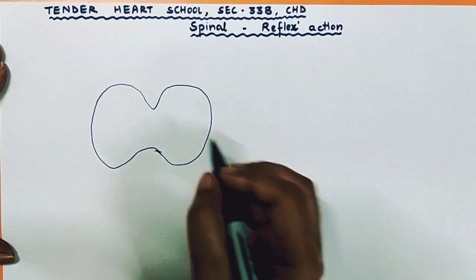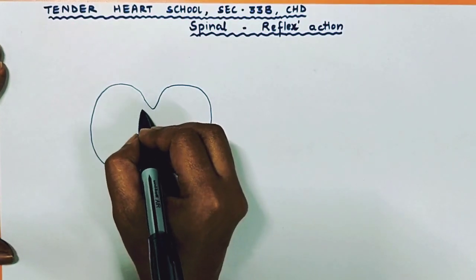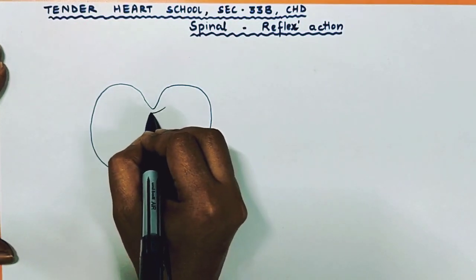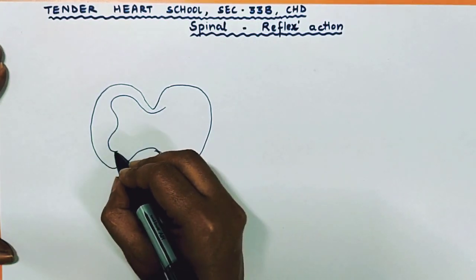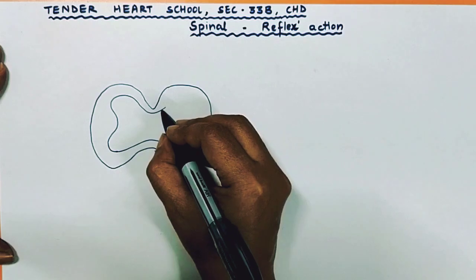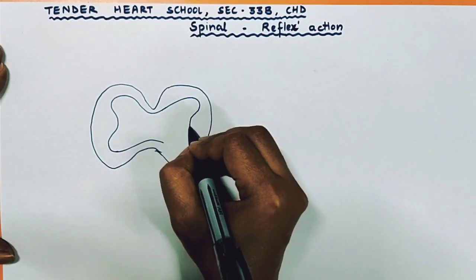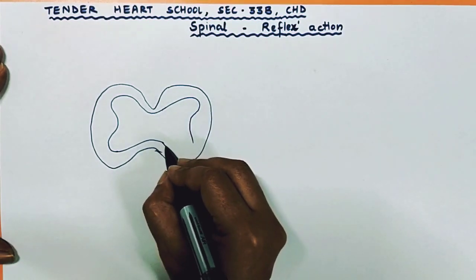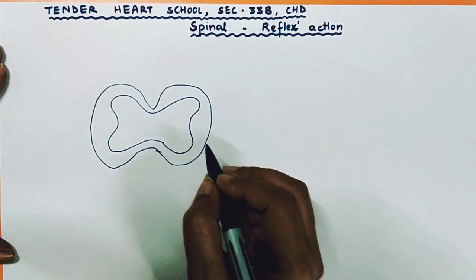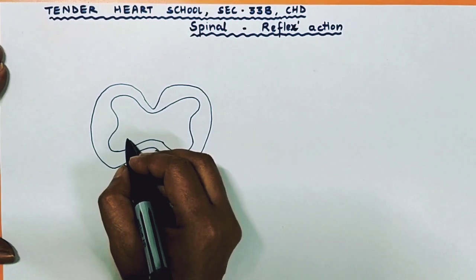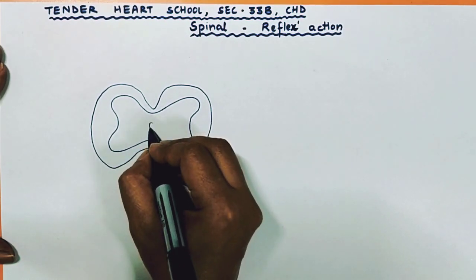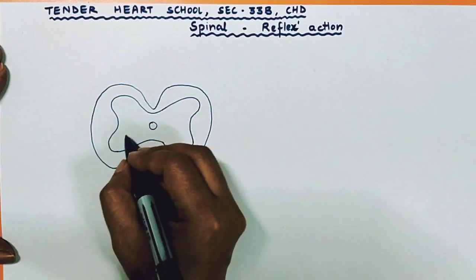Spinal cord is the part of the central nervous system, right? It is made up of neurons. The arrangement of the neurons is that the cyton which are forming the gray matter are present in the central region.